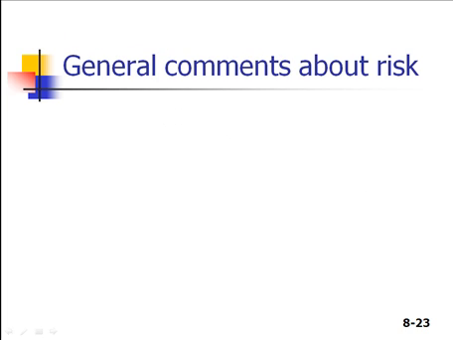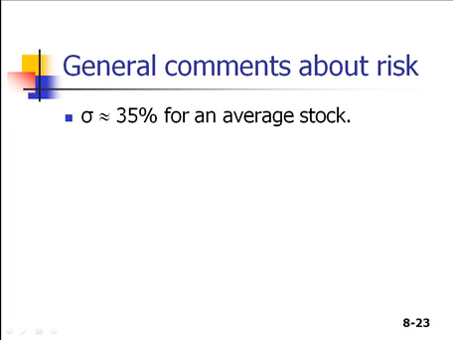So let's talk about the risk of stocks in general and how they tend to behave. First of all, the standard deviation for an average stock is probably about 35%.